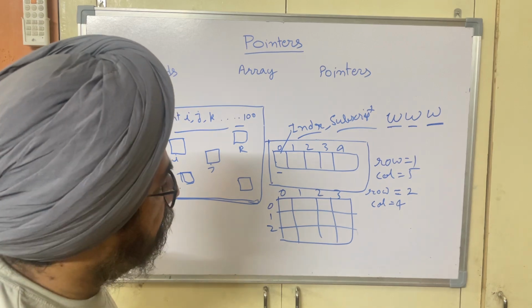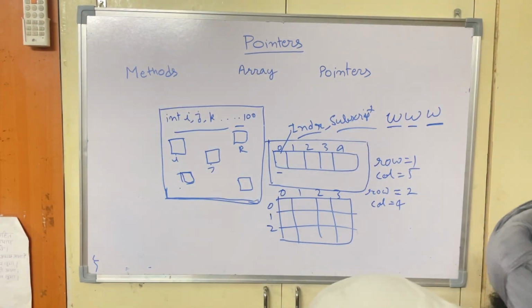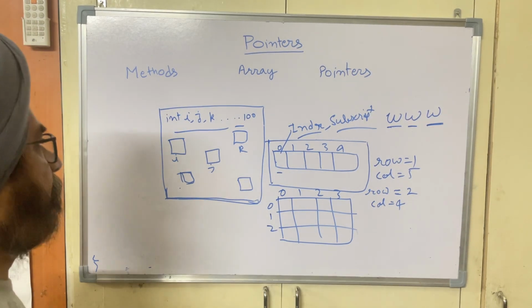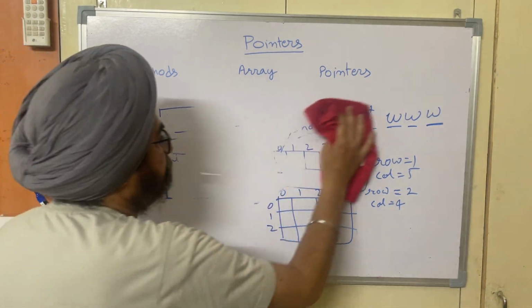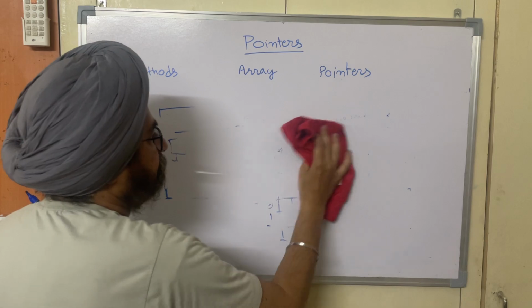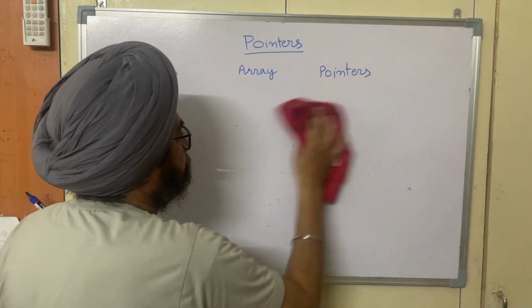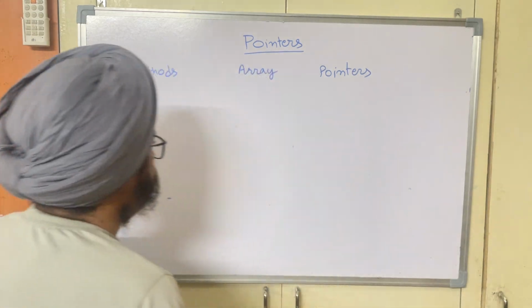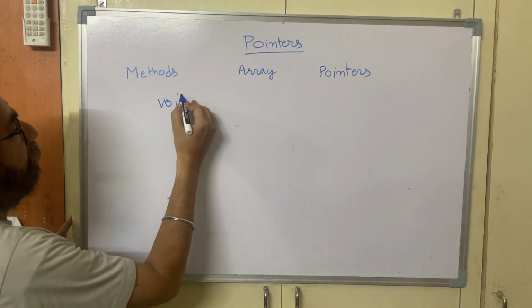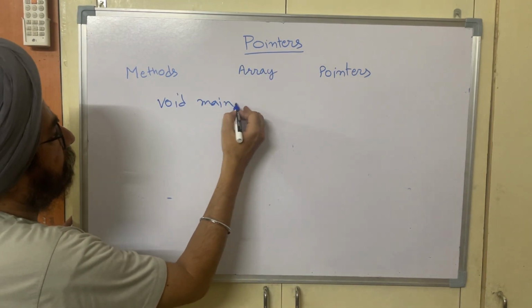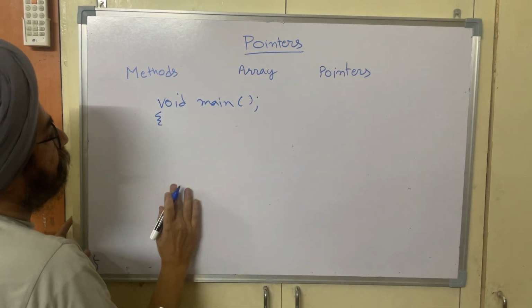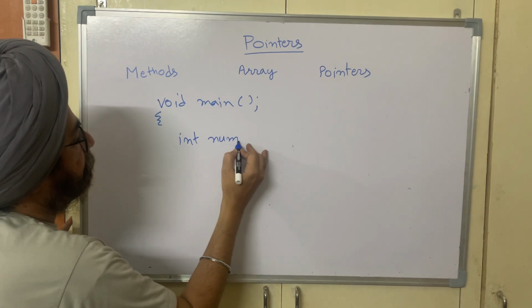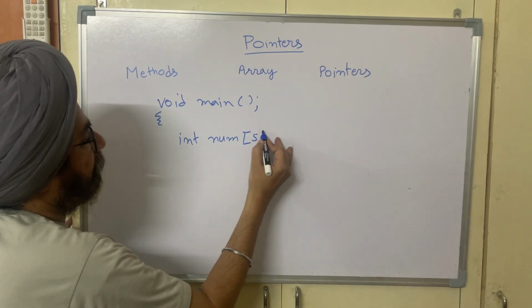Let's see a simple array program, and then we come to pointer concepts. Here first we start with void main. I use int num, suppose a 5 element array.